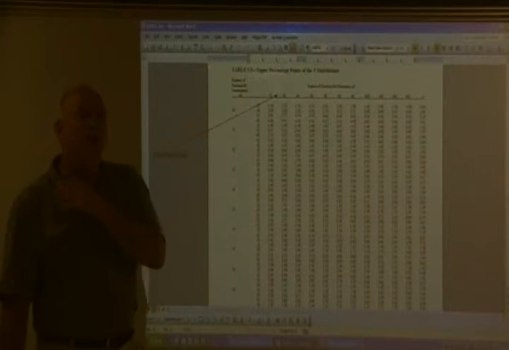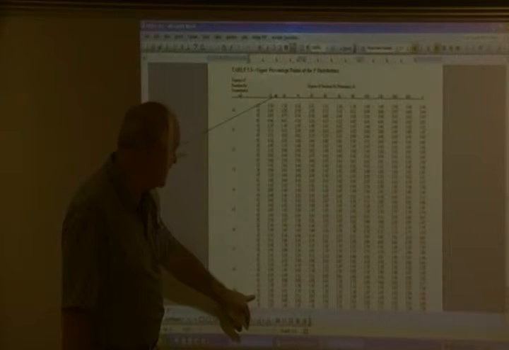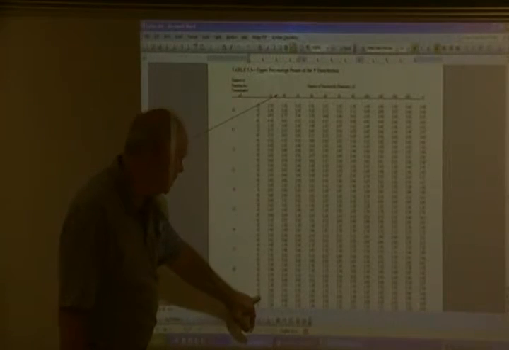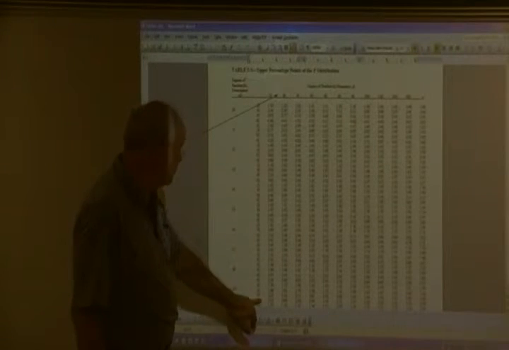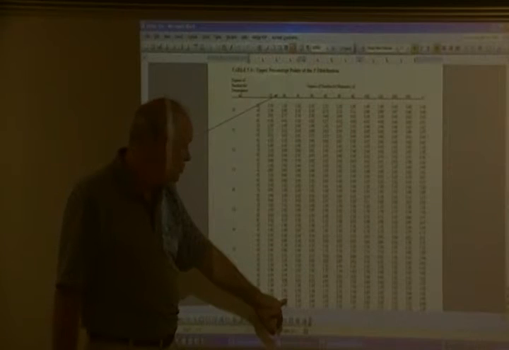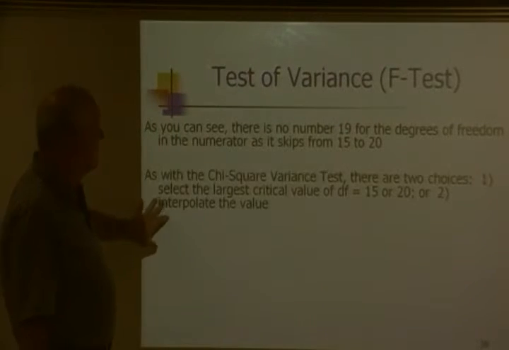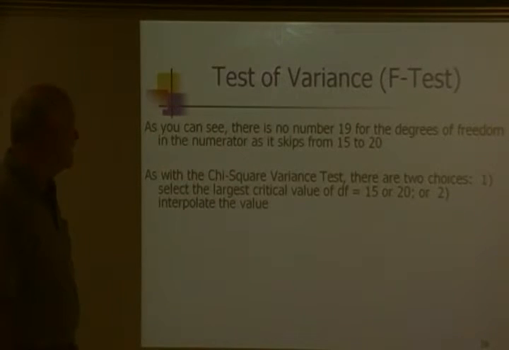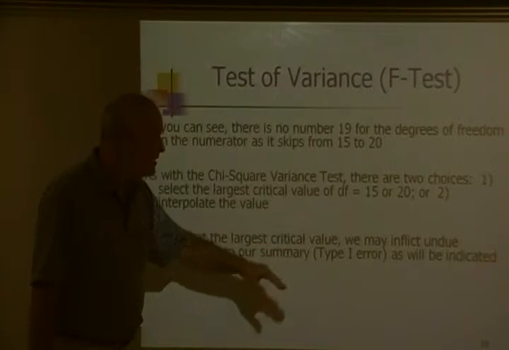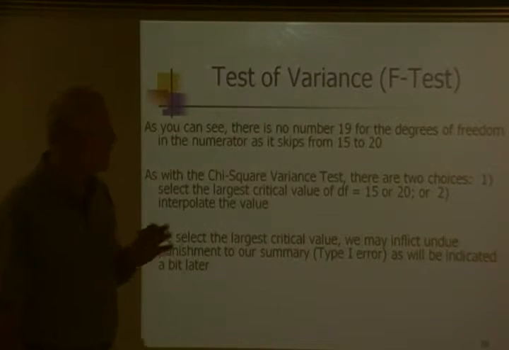The rule of thumb is we take the larger of the two critical values at 0.05, which is 2.23 versus 2.16. Otherwise we have to go through the whole process of interpolation, and selecting the largest of the critical values may inflict undue punishment on our type 1 error, as we indicated earlier.